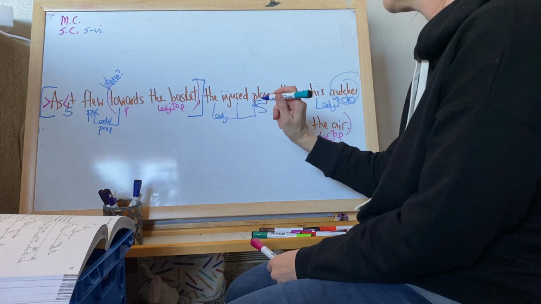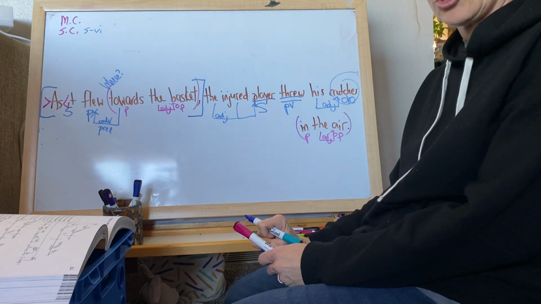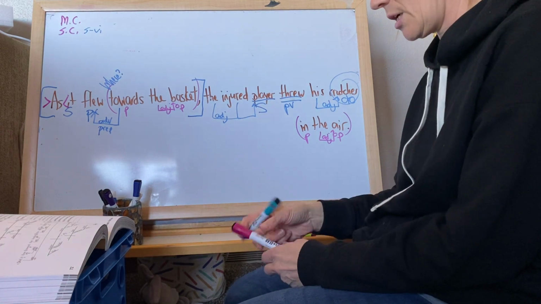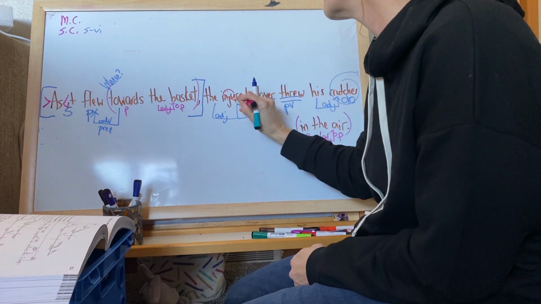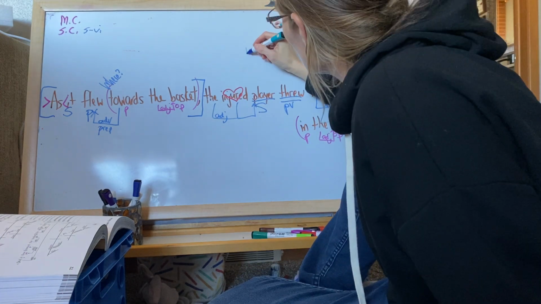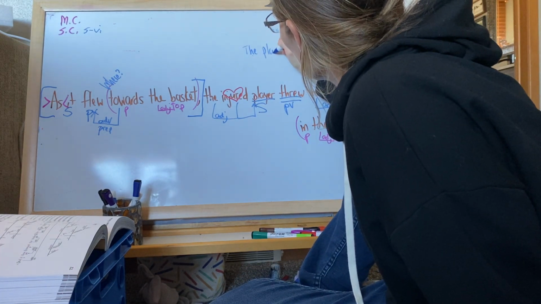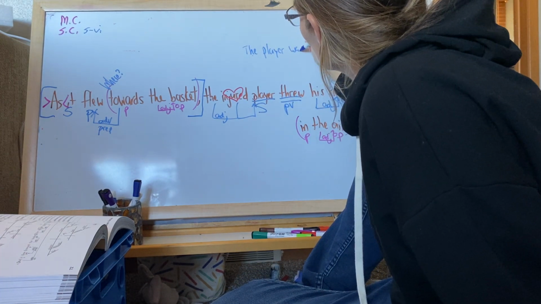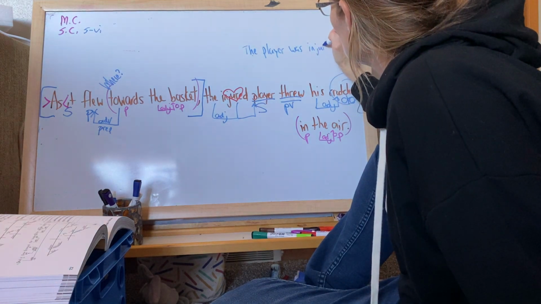Wait, injured. Can't I injure someone as a verb? Yeah. The player was injured. Now, if you were to take a look at this, the player was injured. Predicate adjective.